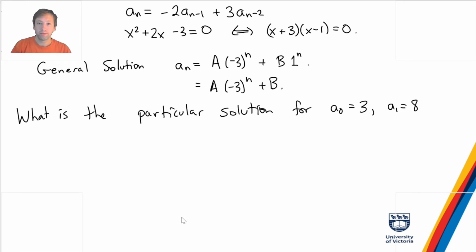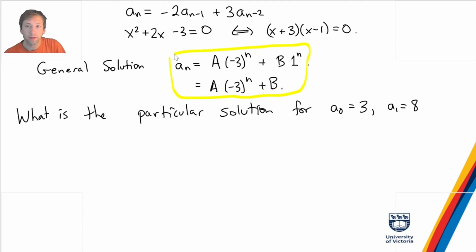Well, you can completely just take the solution you got for a_n in general and just plug in n equals 0 and set that equal to 3, plug in n equals 1 and set that equal to 8. By the way, it's worth mentioning here that if you're ever doing a second order recurrence relation, you're always going to be given two initial conditions, right? It's going to be two previous values or two early values in the sequence that you're given.